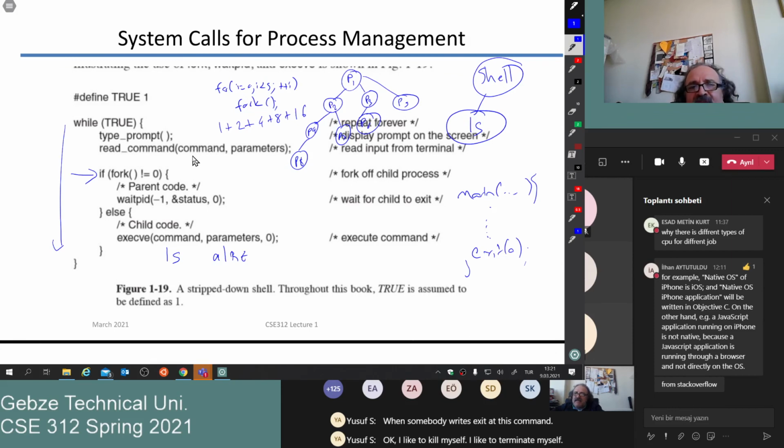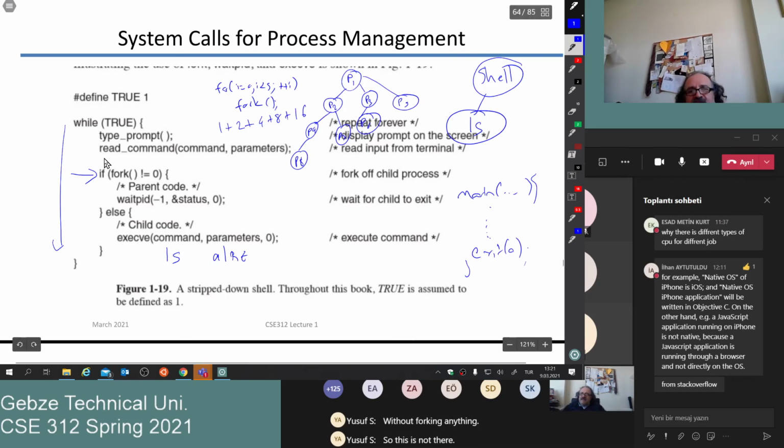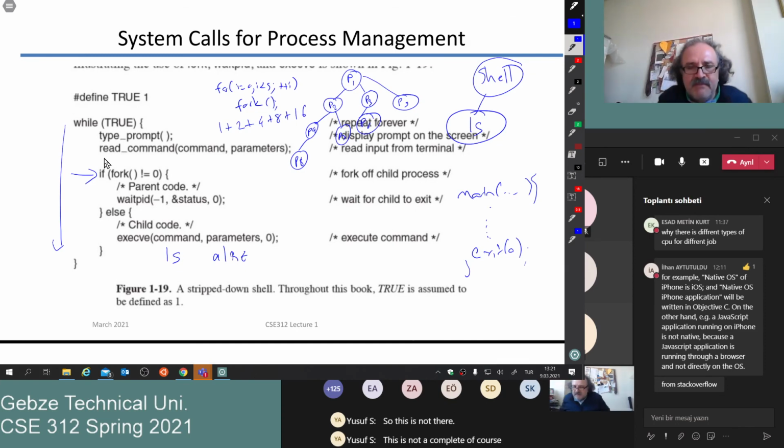So you need to make an exception for exit. When the command is exit, you need to call the system call exit from this program without forking anything. So this is not a complete shell program. It has many missing parts, but the most important is this one.